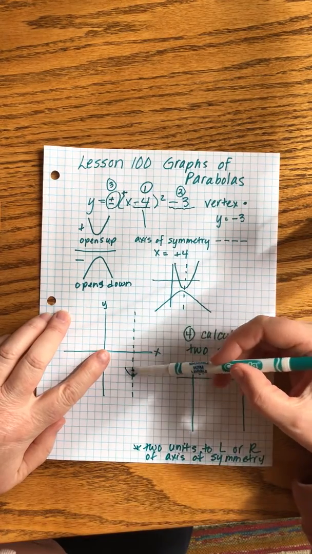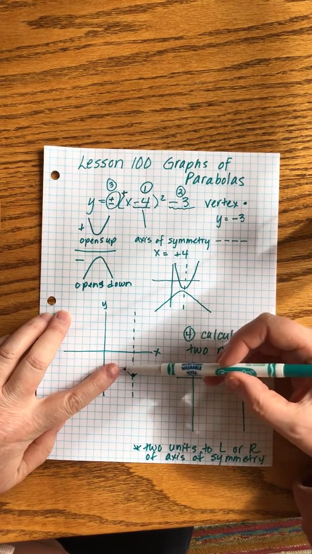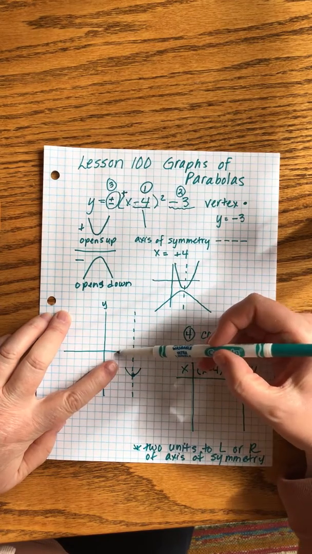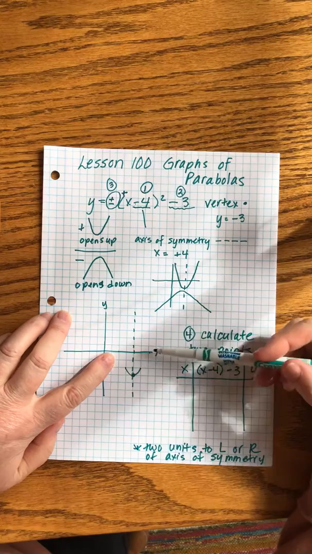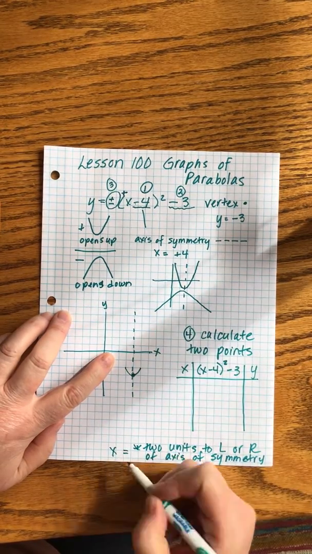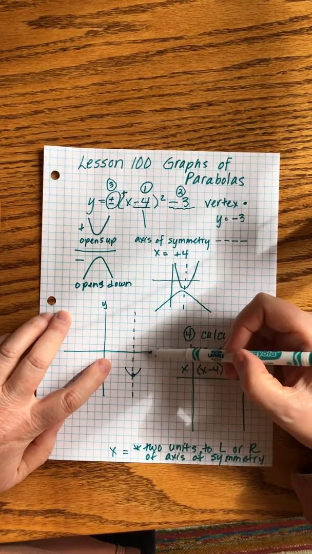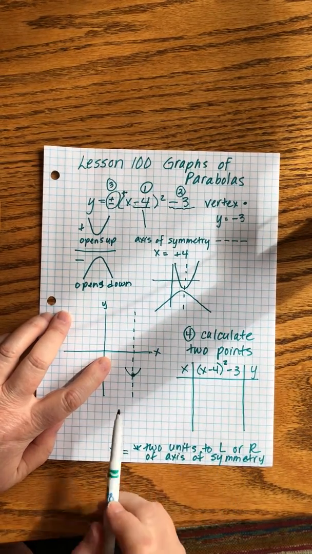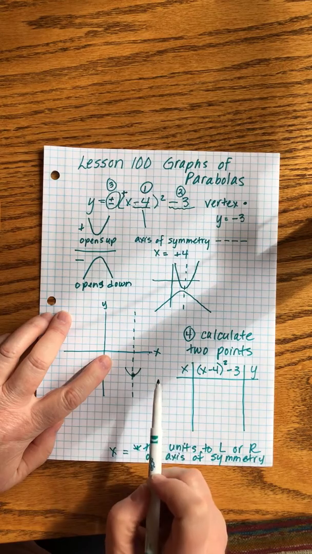Here's our axis of symmetry. We've already plotted 1 point to the left or right, so now we want to go 2 points to the left or right. So when I choose my x value, this is 4, so I want to choose either 6 or 2. 2 units to the left or the right of the axis of symmetry.